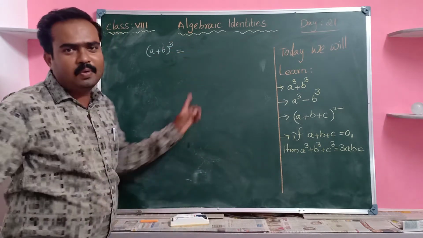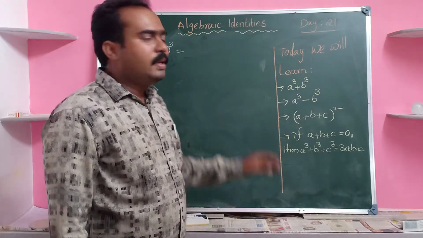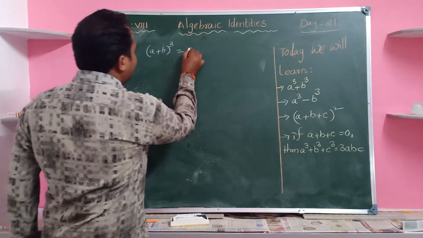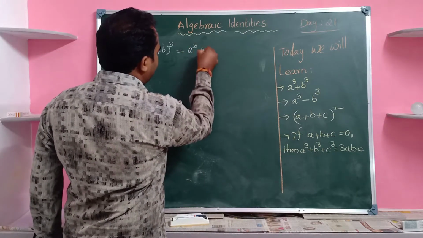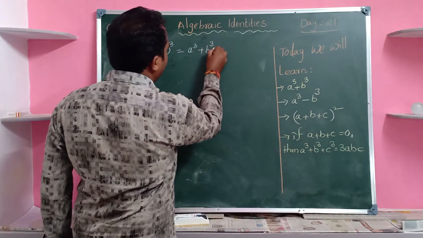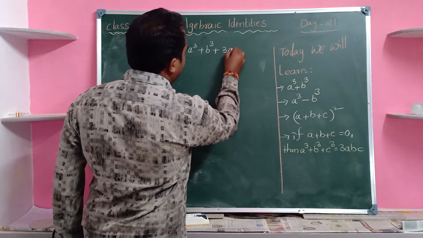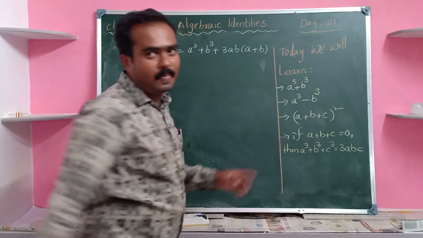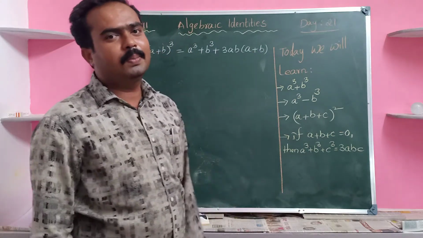So already we know (a+b)^3. What is (a+b)^3? (a+b)^3 is equal to a^3 + b^3 + 3ab(a+b). This is the formula for (a+b)^3.